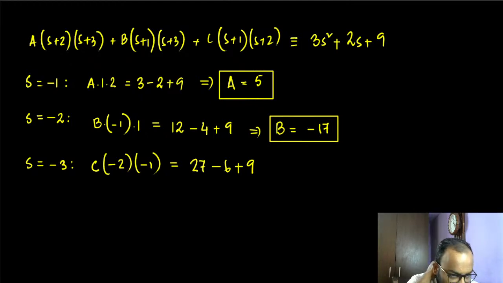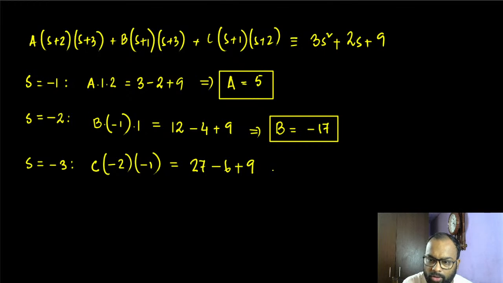Okay, 27 minus 6 plus 9, so that's going to be 30. So 2C is equal to 21 plus 9, 30. So C is going to be 15. Okay, C is going to be 15.